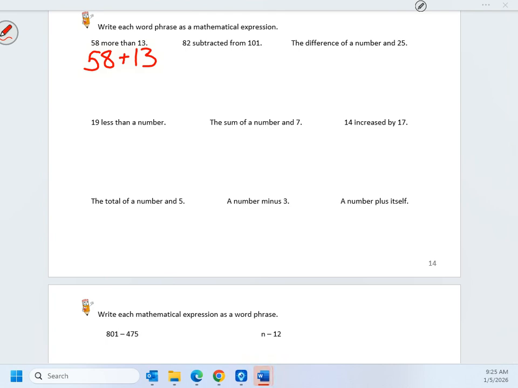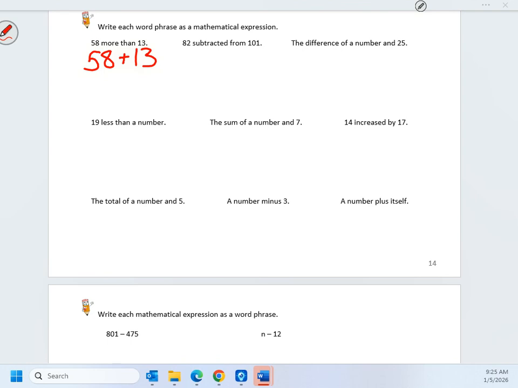Okay, so we're gonna look for those key words that would be in the table up above and know, are we adding or are we subtracting? If we're adding, we know the order doesn't matter. 58 plus 13, 13 plus 58, you're still gonna get credit for it. But with the subtraction, be careful when we see something like less than. That's one that we starred.